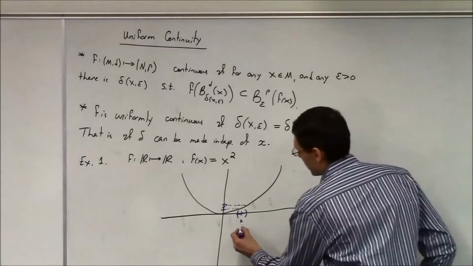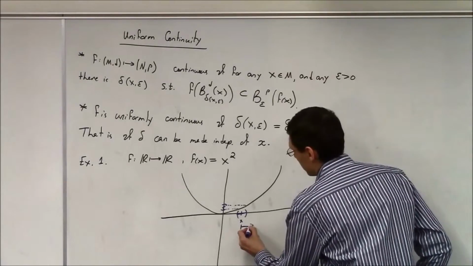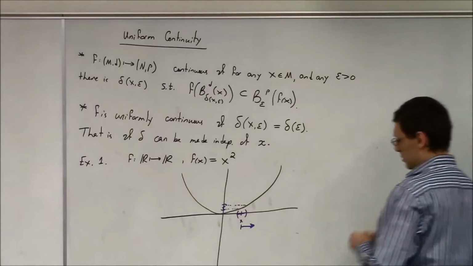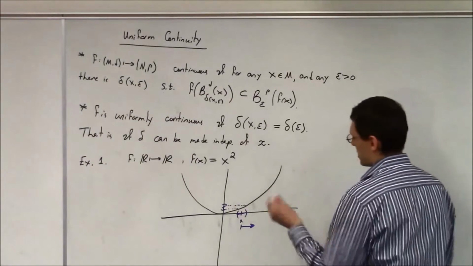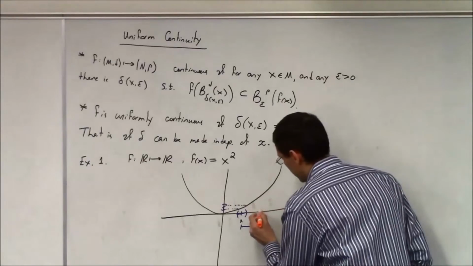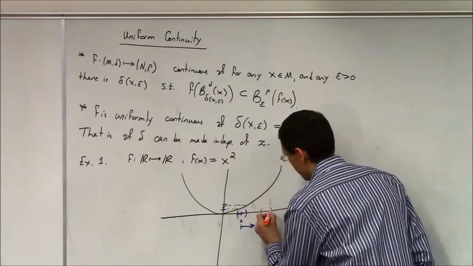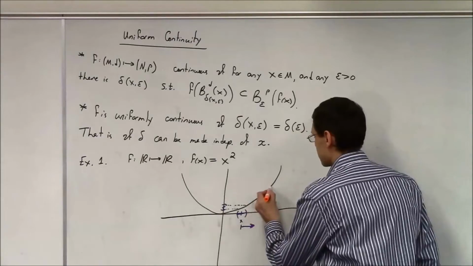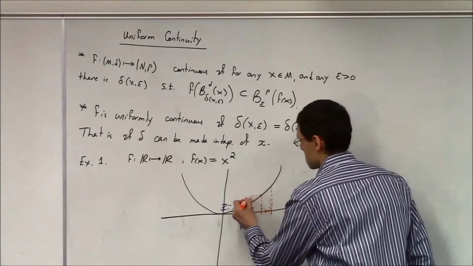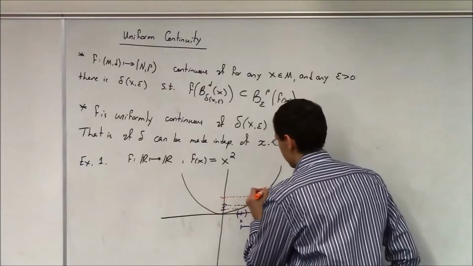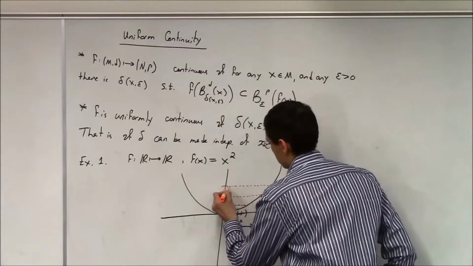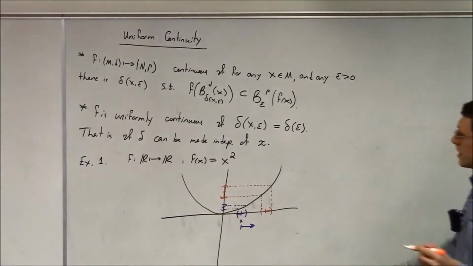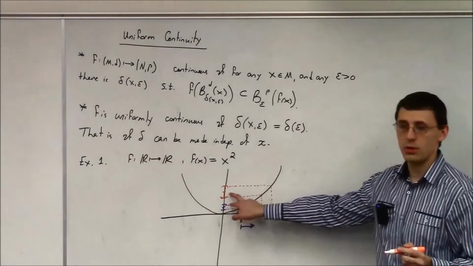So what happens if we take this small interval and we move it out? I can draw, for example, one interval somewhat farther here of the same width. So you can see that the width of the interval appears to grow.